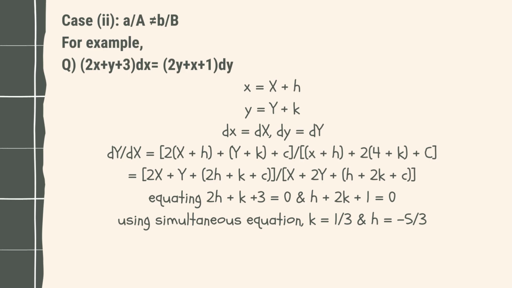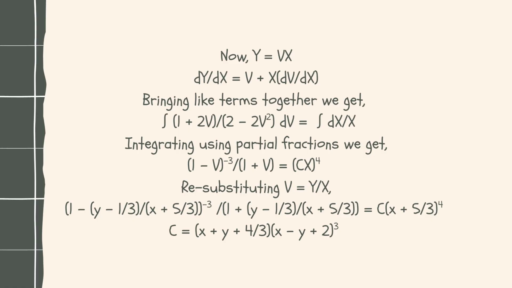Here we have 2h plus k plus 3 and h plus 2k plus 1 equals to 0. Now, using simultaneous equations, we arrive at k equals to 1 by 3 and h equals to minus 5 by 3.